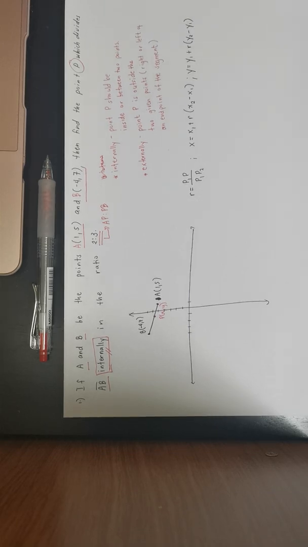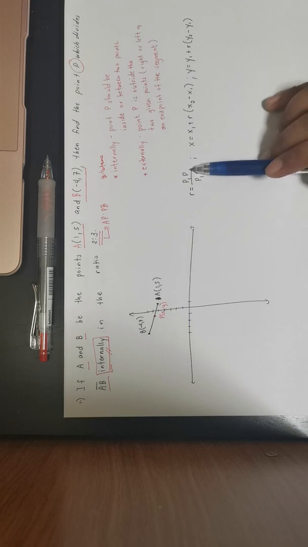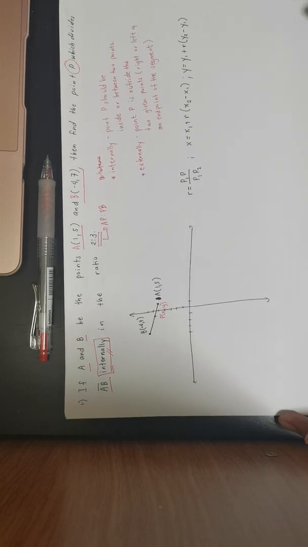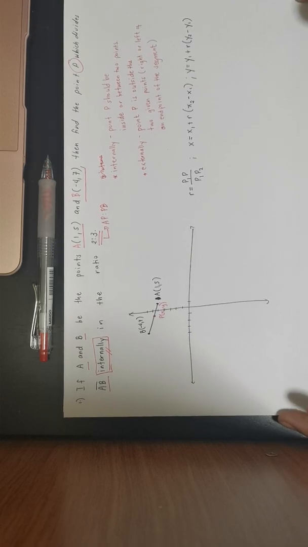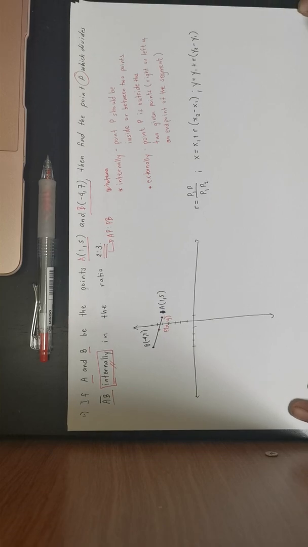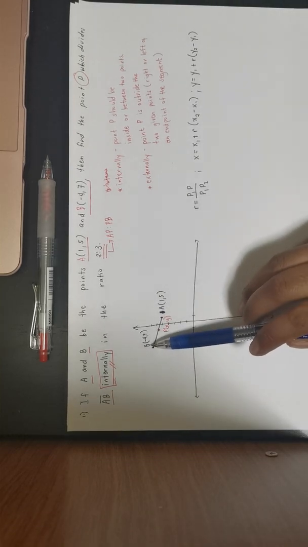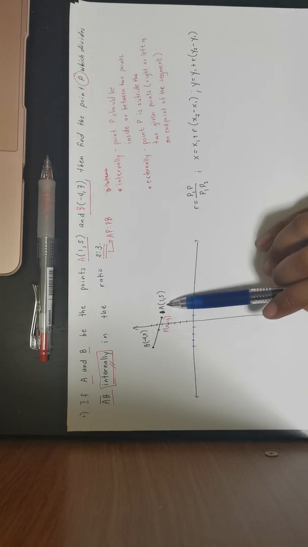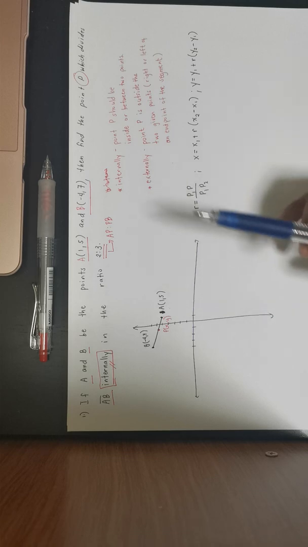Now for our ratio, we have P1P over P1P2. You have the freedom to choose which one you are going to represent as P1 and which as P2. If you want to represent B as your P1 and A as your P2, it's alright.